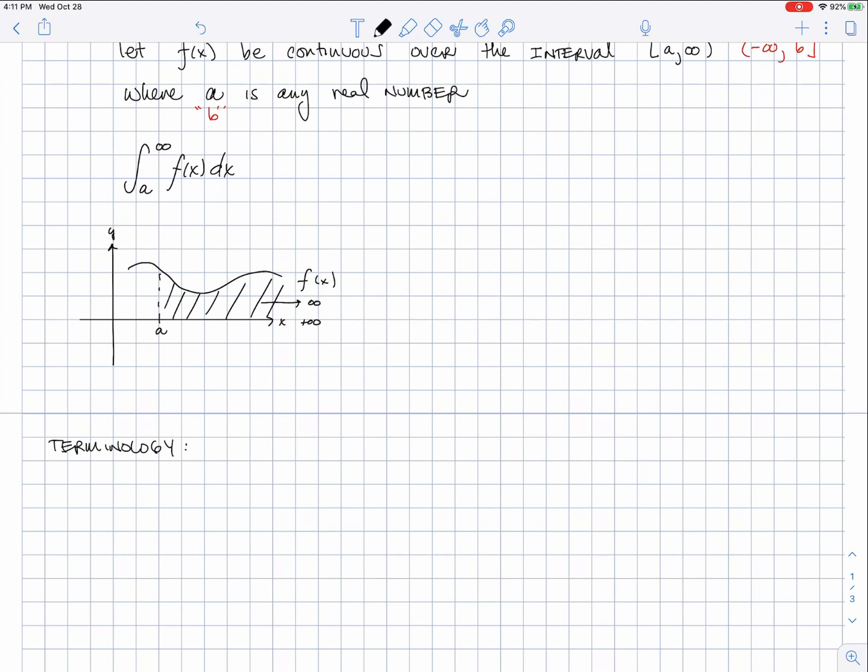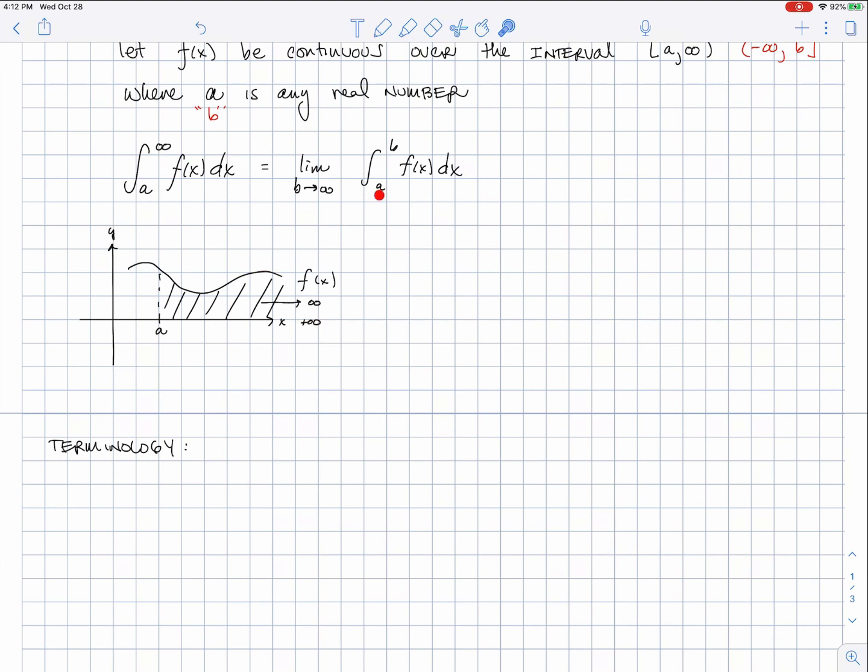So how do we deal with this? Well, in a pretty straightforward manner, actually. We're going to take the limit as b approaches infinity of the integral from a to b of f of x dx. So essentially we're taking a limit of a sequence of integrals, so to speak.